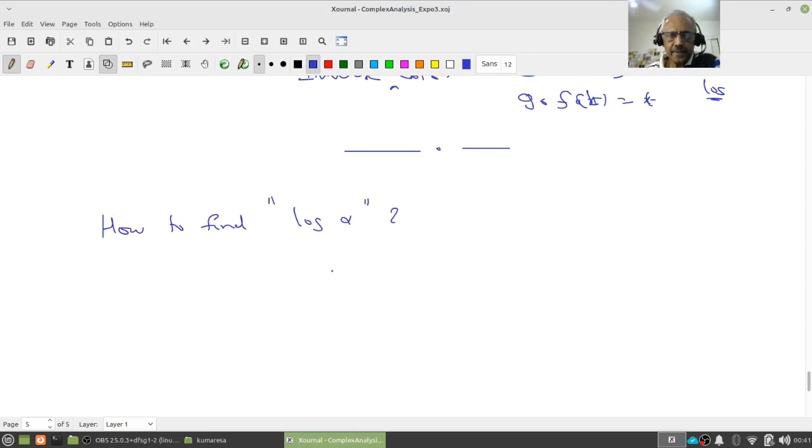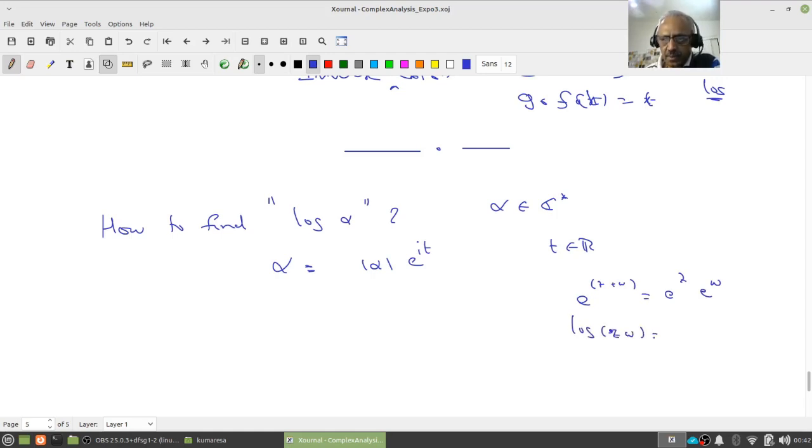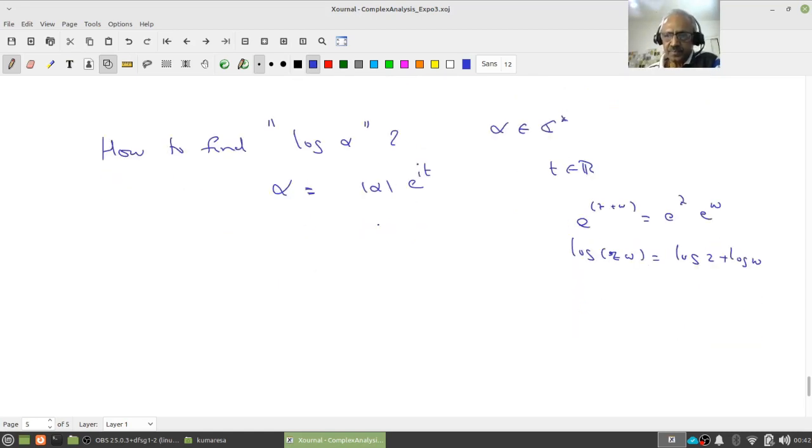So alpha is in C star. Notice that again I can write alpha equal to mod alpha into e power i t for some t in R. And since the exponential of z plus w is exponential of z into exponential of w, you can see logarithm of zw must be equal to logarithm of z plus logarithm of w, if such a logarithm exists.